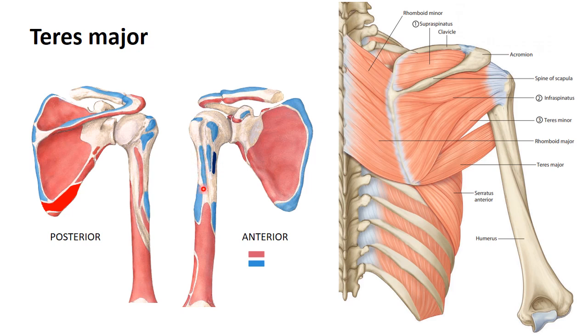We have laterally the pectoralis major, medially the teres major, and in between these two majors lies the latissimus dorsi. So two majors and latissimus dorsi in the middle. Innervation is by lower subscapular nerve, as the subscapularis muscle.